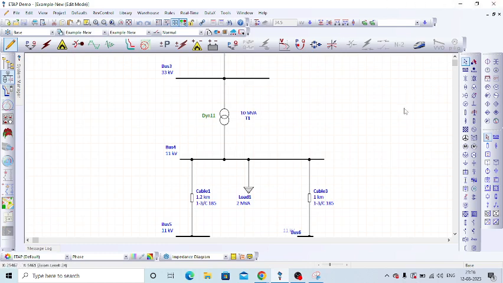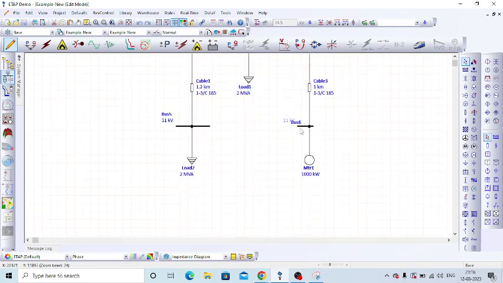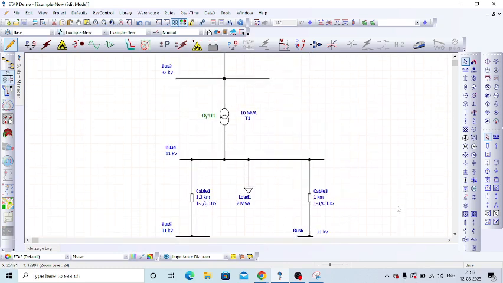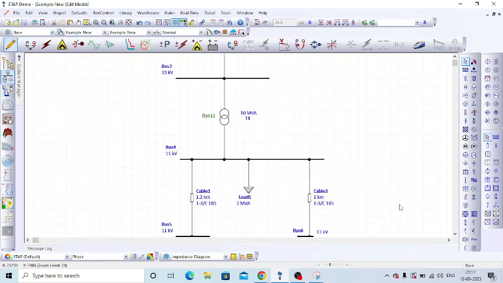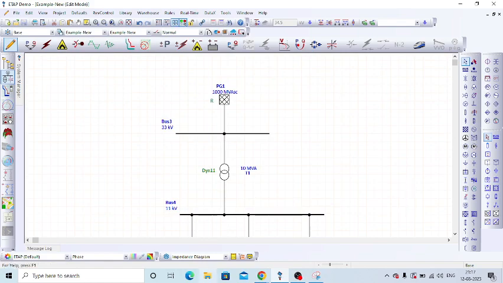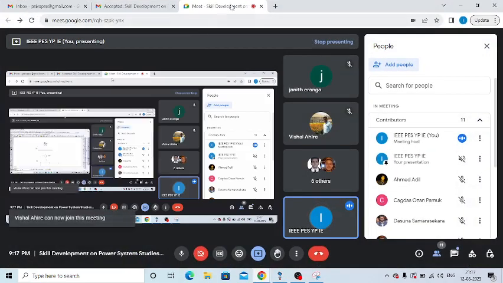Okay, so if you have any doubts in the short circuit current calculation? If you don't have any doubt, then we will move to the harmonic analysis.